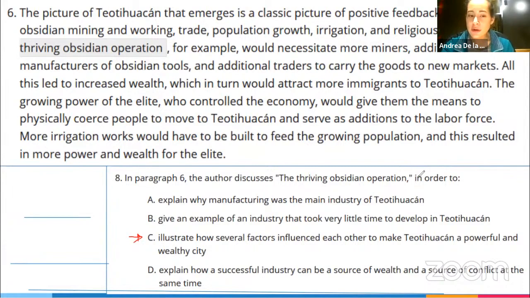Okay, guys, can you tell me why? Can any of you explain?